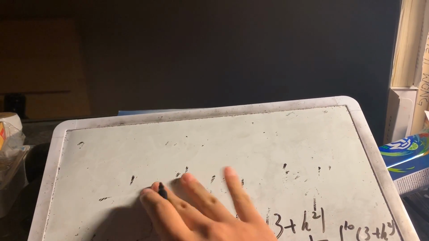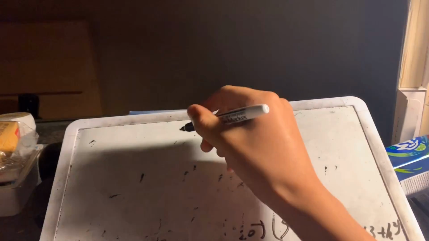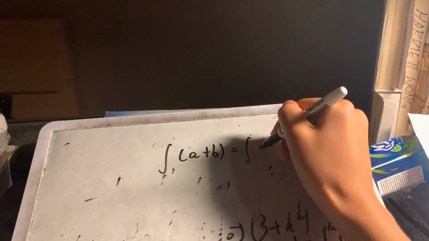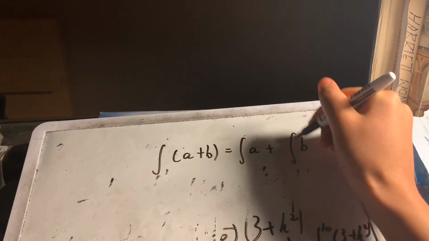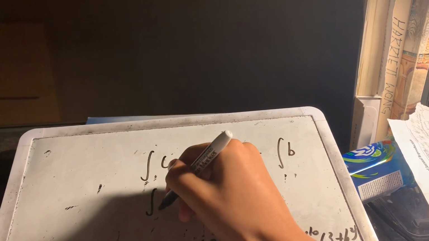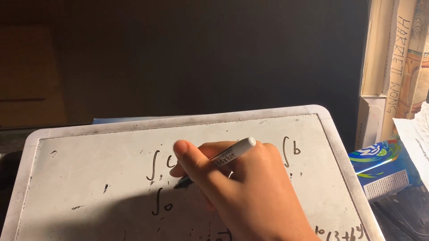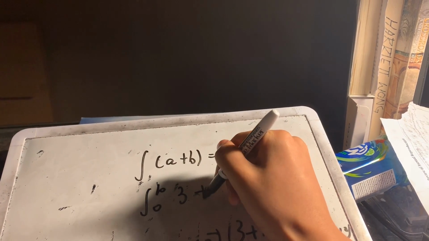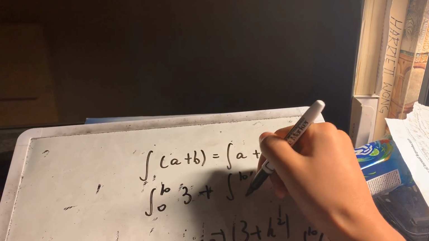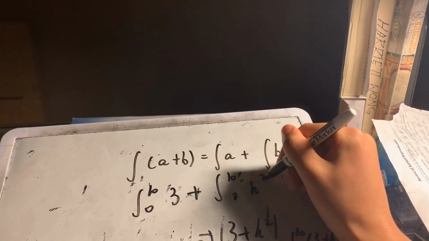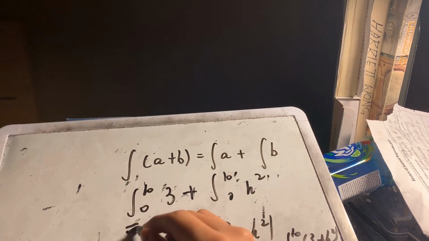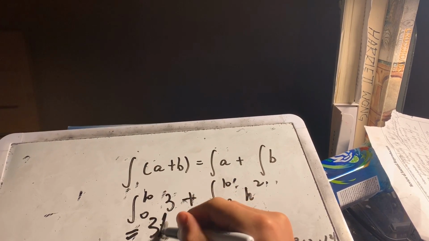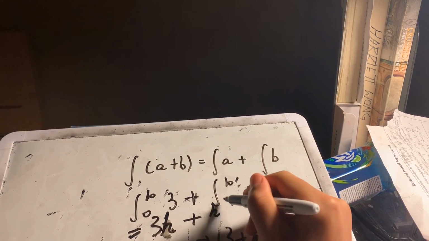We apply the function, and applying this, we get this. 3. So in this case, this is equal to 3h. This is equal to this.